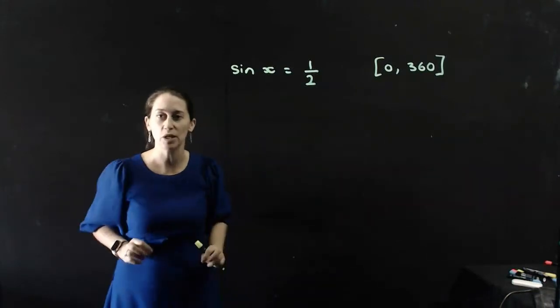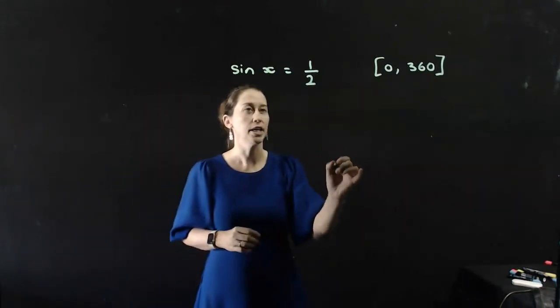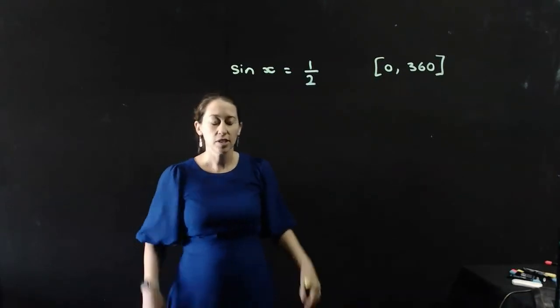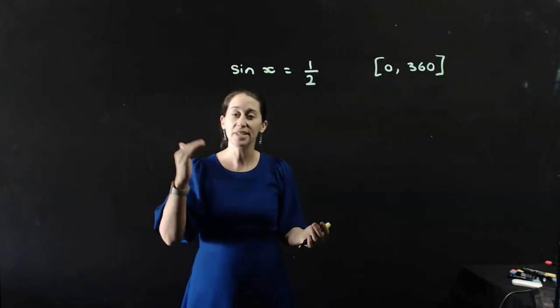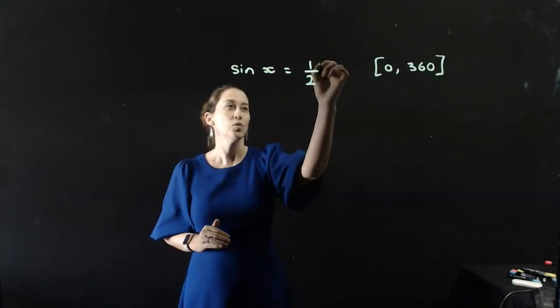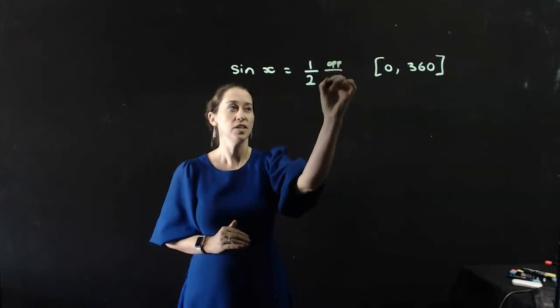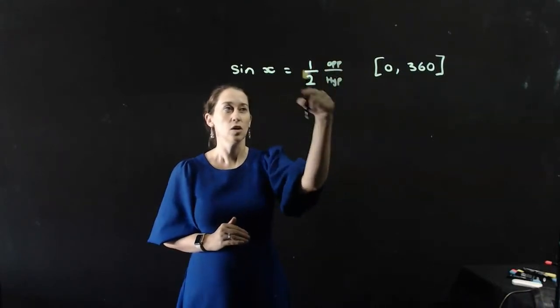So I think about my special triangles and I think, okay, I'm dealing with sine. Sine, going back to our trigonometry days, the sine ratio is opposite divided by hypotenuse, which means in order for this to be true, this has to be the opposite and this has to be the hypotenuse. 1 over 2.